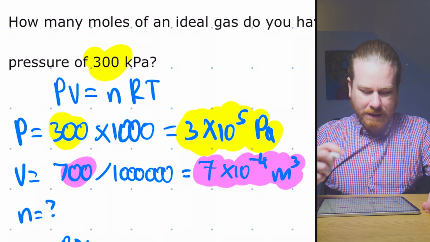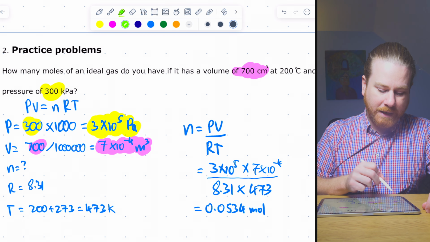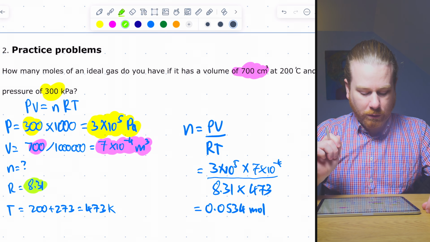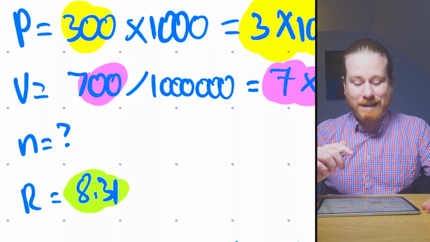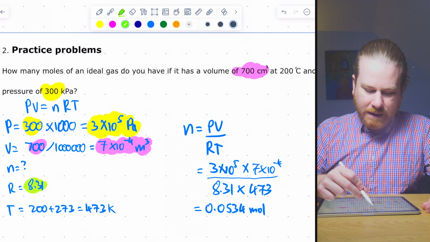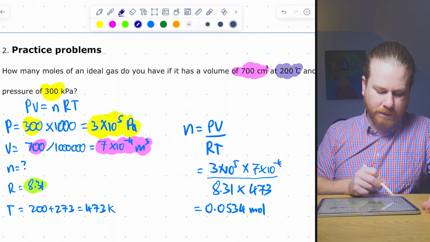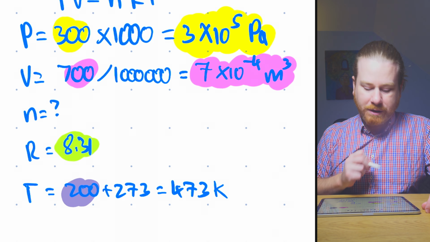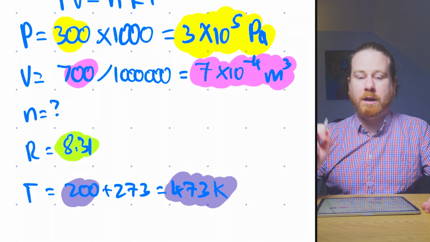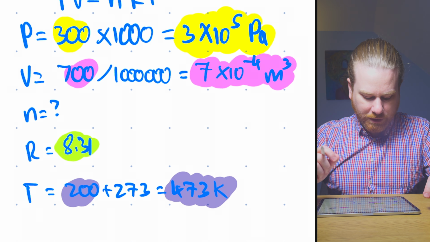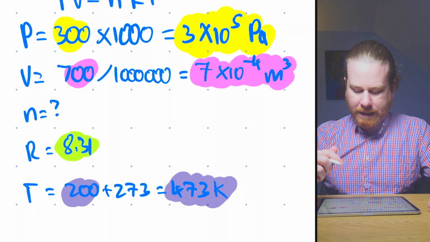Number of moles is what we're trying to find out. The gas constant is always going to be 8.31, and another reminder, you can find that in the data booklet if you can't remember it. And our final thing is temperature. We need to convert 200 degrees Celsius into Kelvin, which is 473 Kelvin.